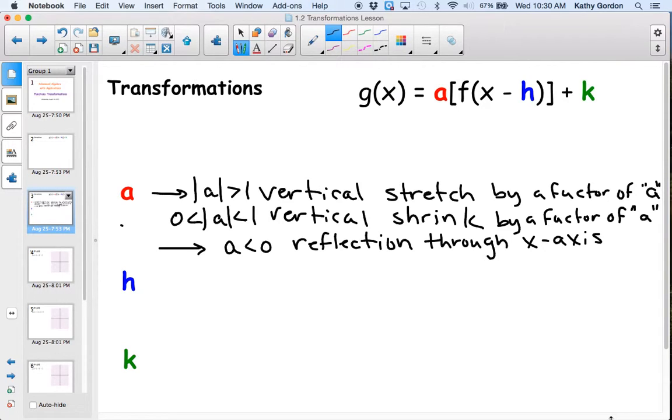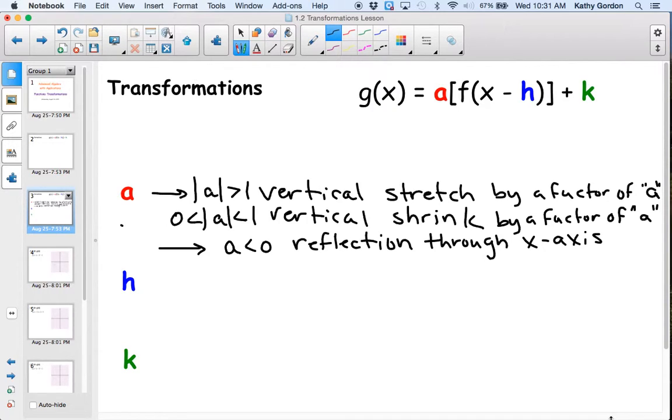Because there are reflections through the y-axis, and that's what B does. So that B value that sometimes gets used, it has the effect of having a horizontal stretch or shrink, and it can reflect things across the y-axis.